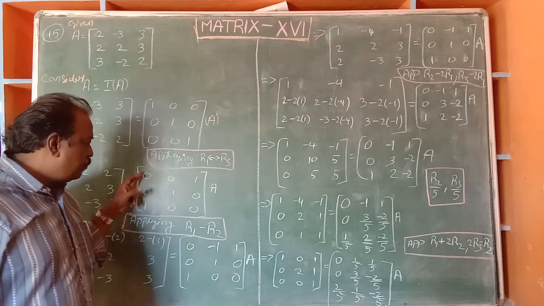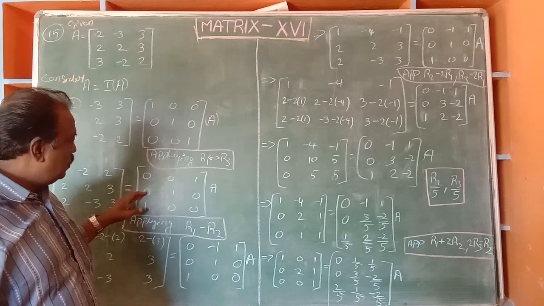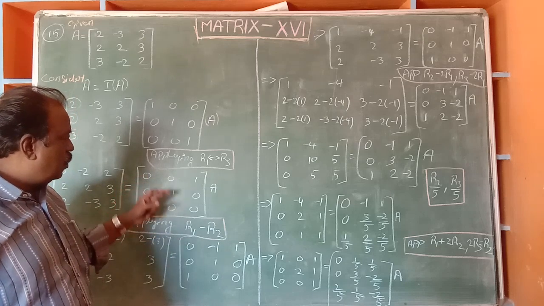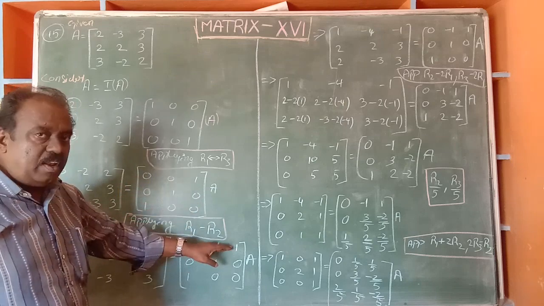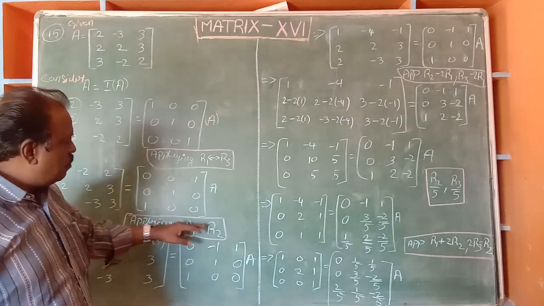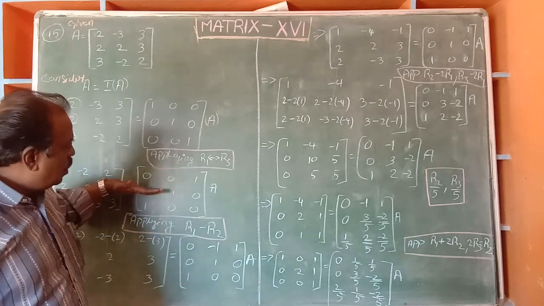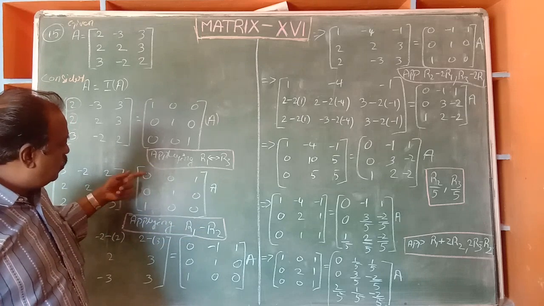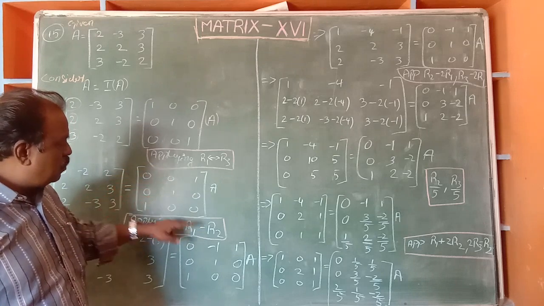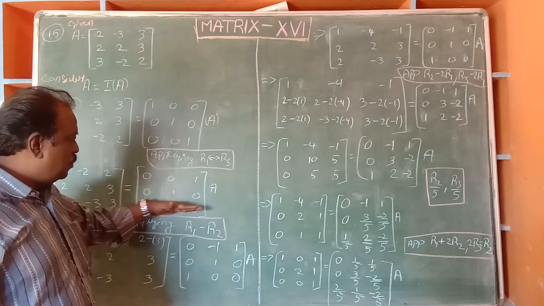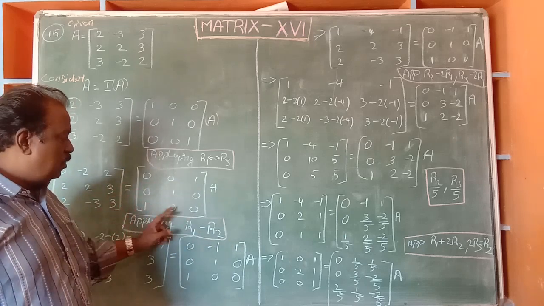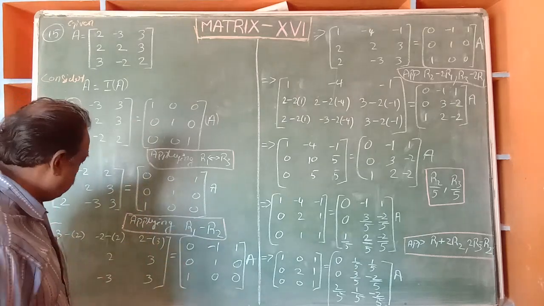Again here also, 0 minus 0, 0, 0 minus 1, minus 1, 1 minus 0, 1. R1 minus R2, the R1 row: 0 minus 0, 0, 0 minus 1 is minus 1, 1 minus 0 is 1. The remaining are the same, 0, 1, 0, 1, 0, 0, right.